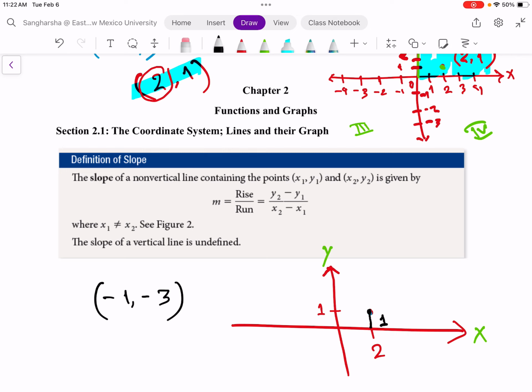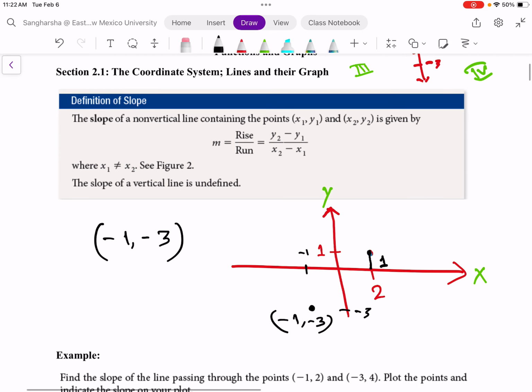So let's plot this point. We have -1 here, and we have -3 here. So this is the point with the coordinate (-1, -3). This point is at a distance 3 from the x-axis, and it is below the x-axis.